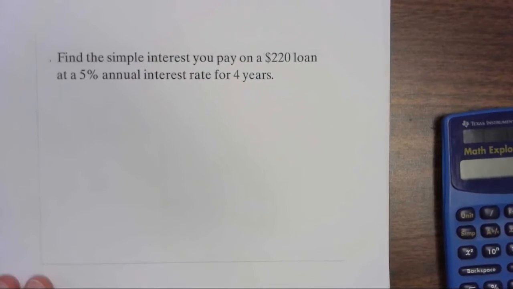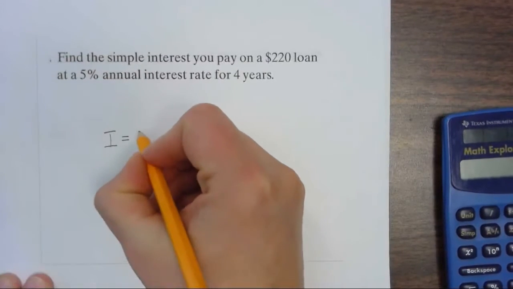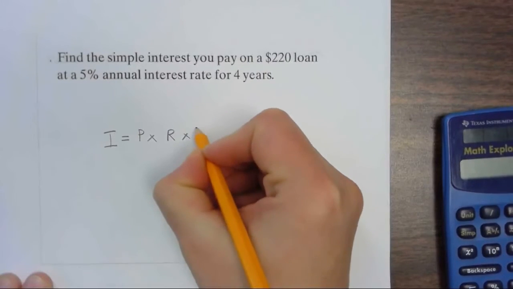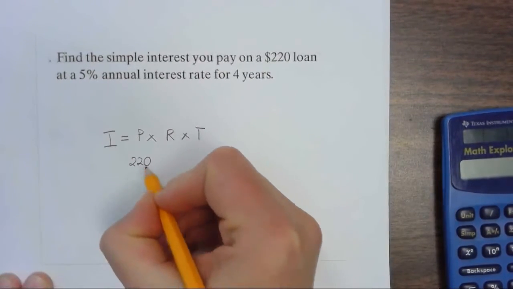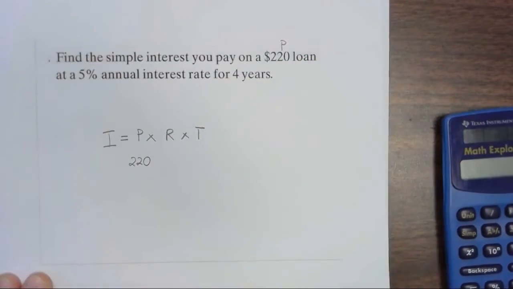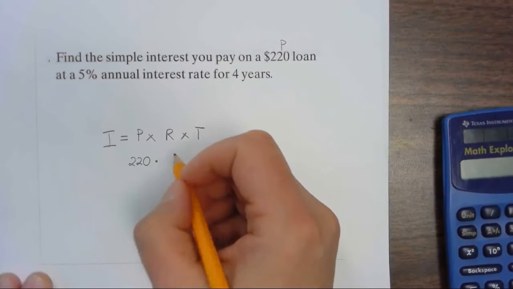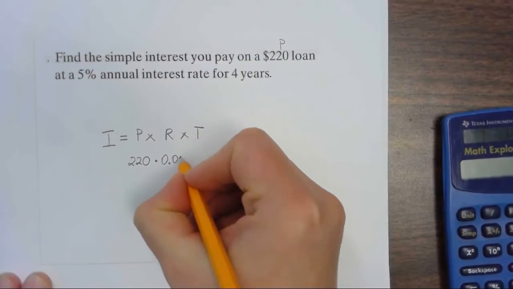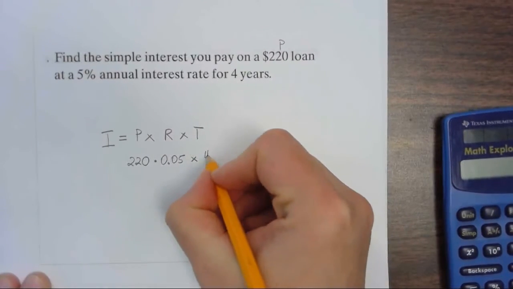All right, welcome back. Hopefully you started with interest equals principal times rate times time. Principal is $220. That's my principal. Rate, I have to change from percent to a decimal, 0.05. And how many years did I do it for? 4 years.